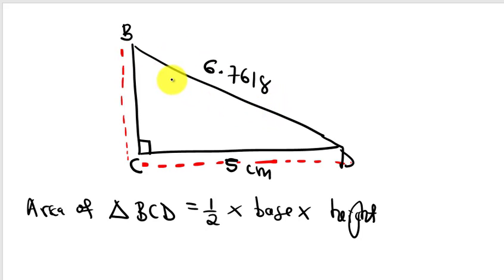So in this case, considering triangle BCD, which is a right triangle, we can use Pythagoras theorem to get BC, that is the magnitude of BC.